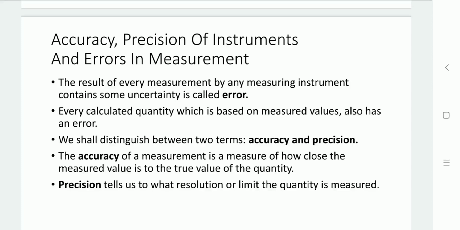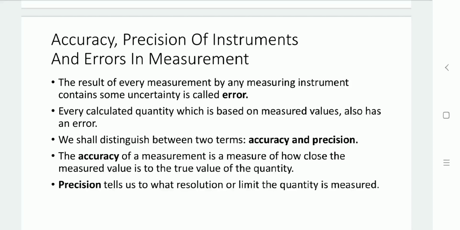That calculated result is the ideal one, and when we measure this quantity by experiment, the measured quantity can slightly differ from that calculated ideal result. That difference is known as error.